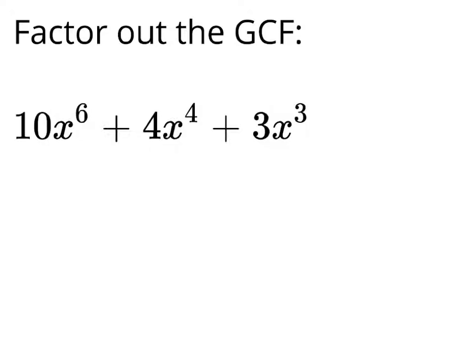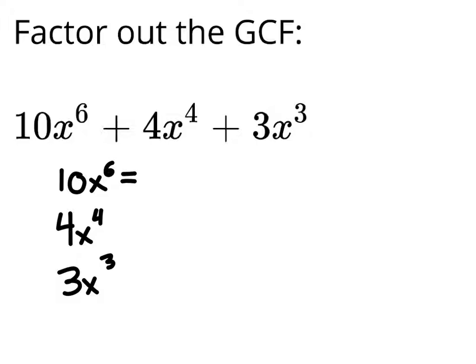I'm going to take each of the 3 terms, 10x to the power of 6, 4x to the power of 4, and 3x to the power of 3, and look at these individually, because I want to see all the factors, which means I don't want exponents. So for x to the power of 6, I know I'm going to have 6 of these x's being multiplied together. Now we'll see why this is important in a moment.